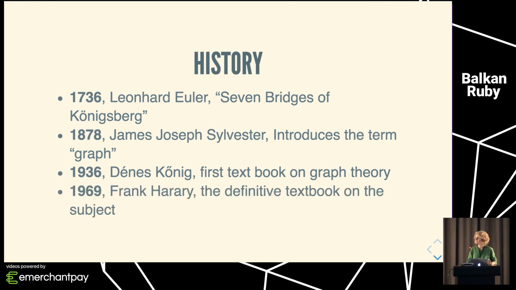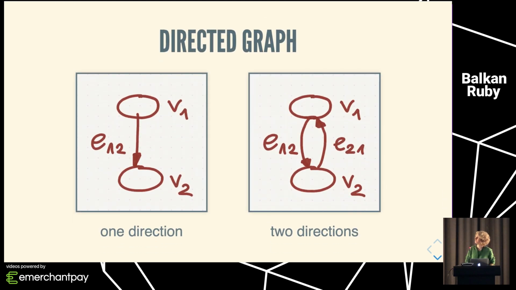And then in 1969 the definitive guide of graph theory was published, and from this moment on, scientists from different fields can speak about different problems, but using the same language. So that was the moment when graph theory started to be applied in solving practical problems in different areas.